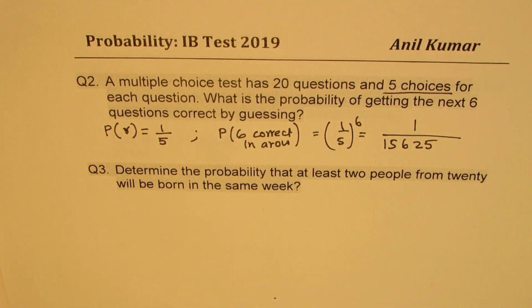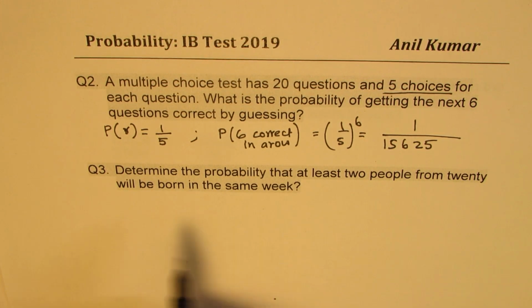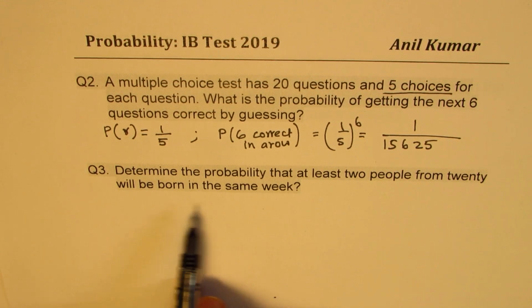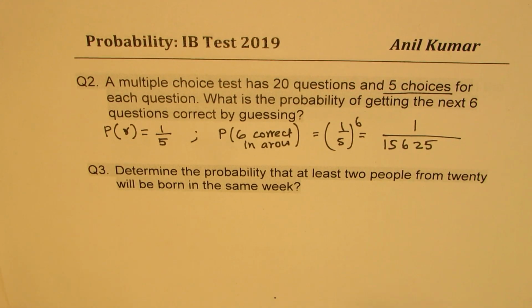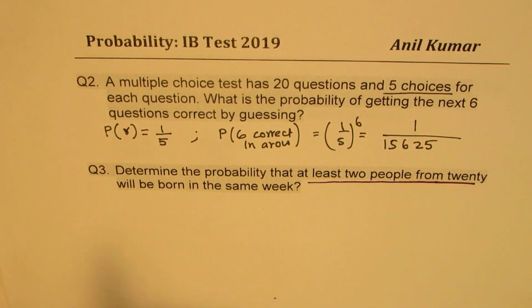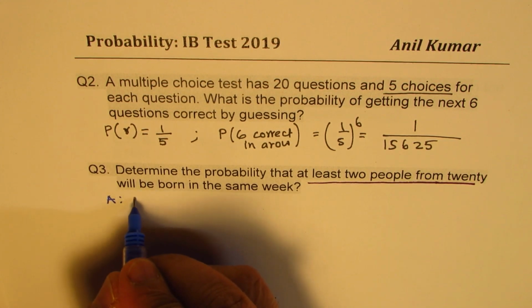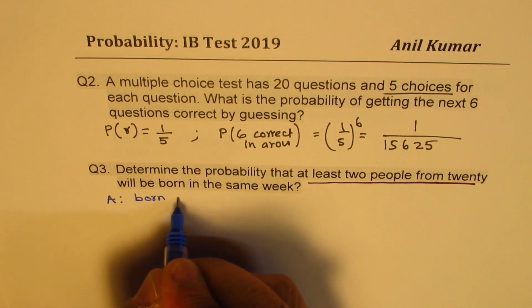Question number 3. Determine the probability that at least 2 people from 20 will be born in the same week. Now, the important thing here is at least 2 people from 20 will be born in the same week. So let's define our event A, where they are born in different weeks.